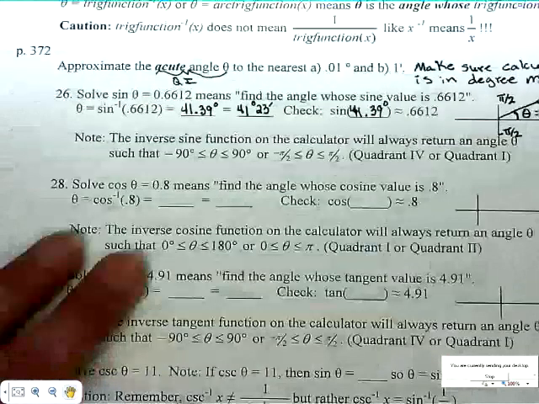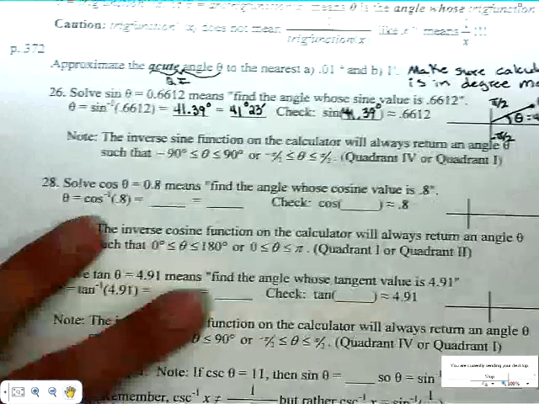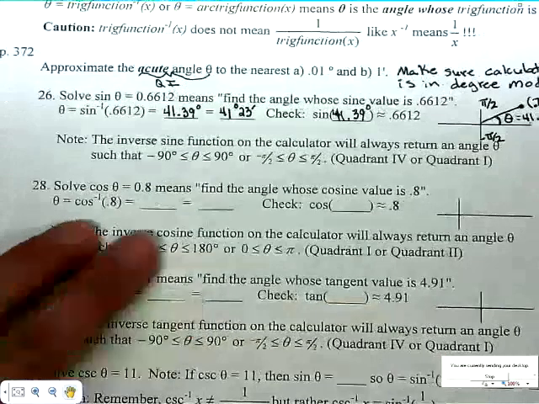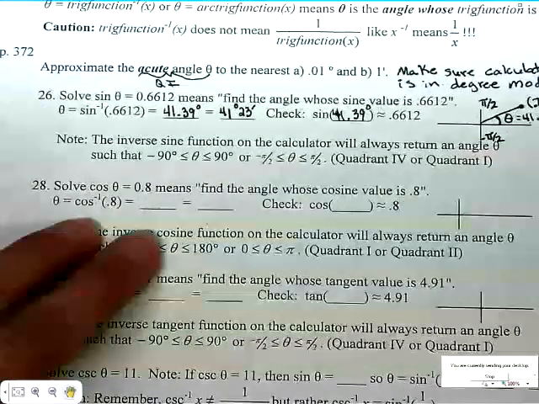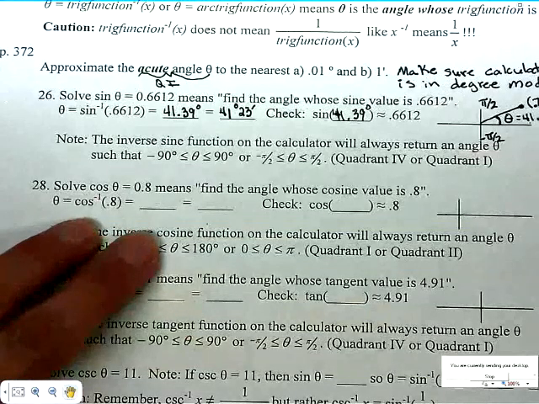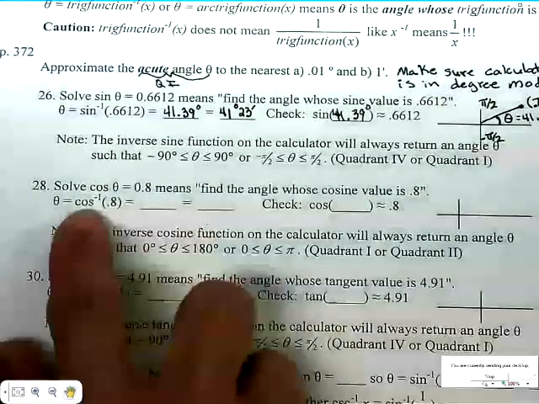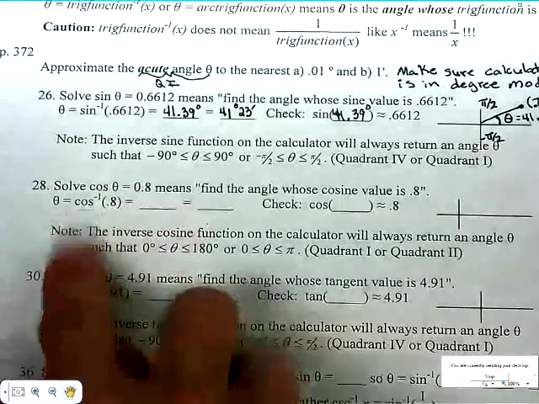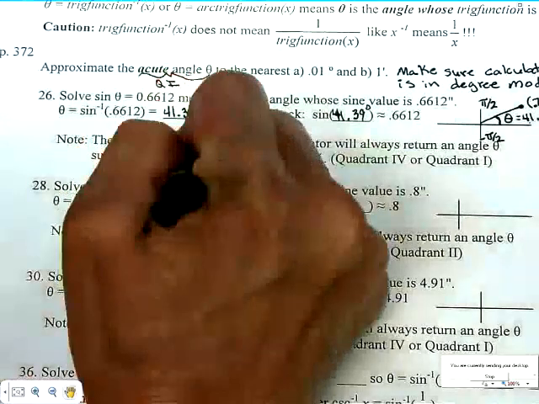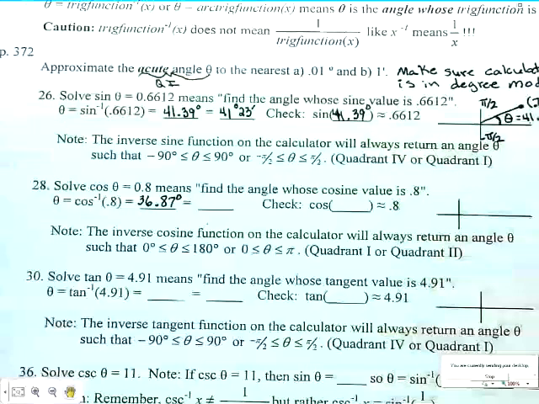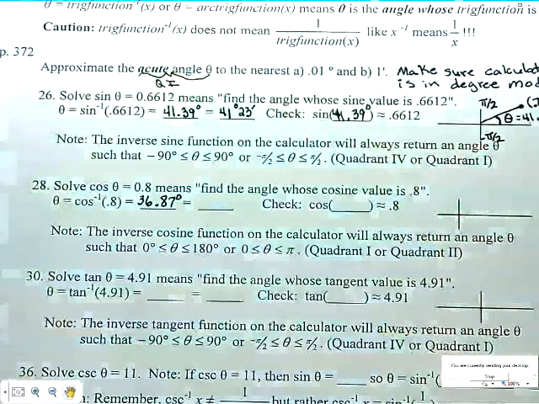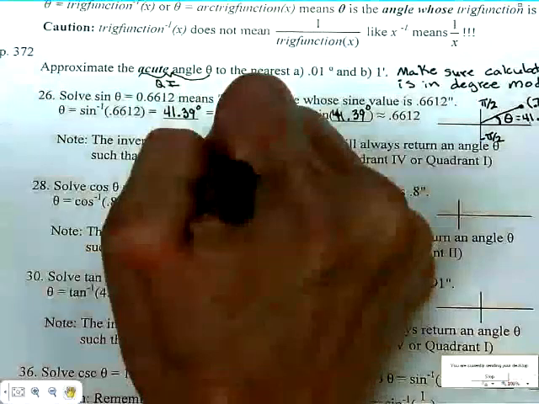All right, what about inverse cosine? Solve cosine theta is 0.8 means find the angle whose cosine is 0.8. Find the first quadrant angle whose cosine is 0.8. Well, I'd use the inverse cosine button for that. And when I did, I got that theta would have to be about 36.87 degrees. Or in degrees and minutes, that's 36 degrees and 52 minutes.